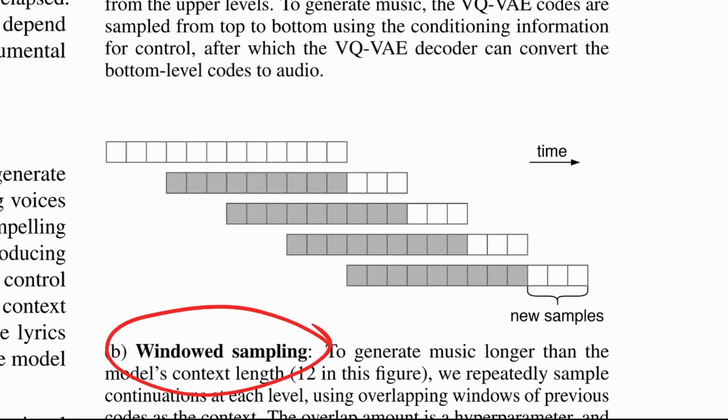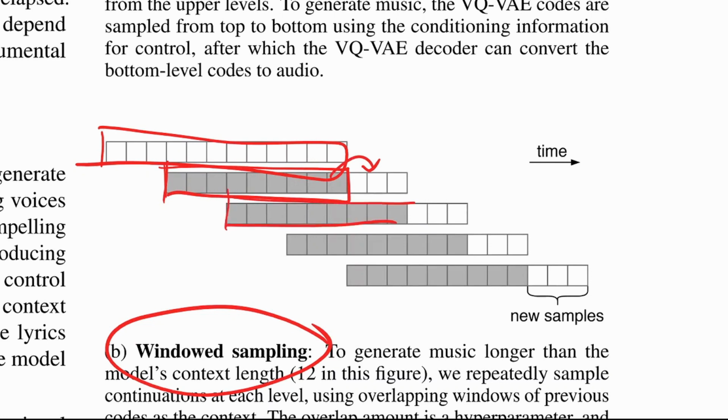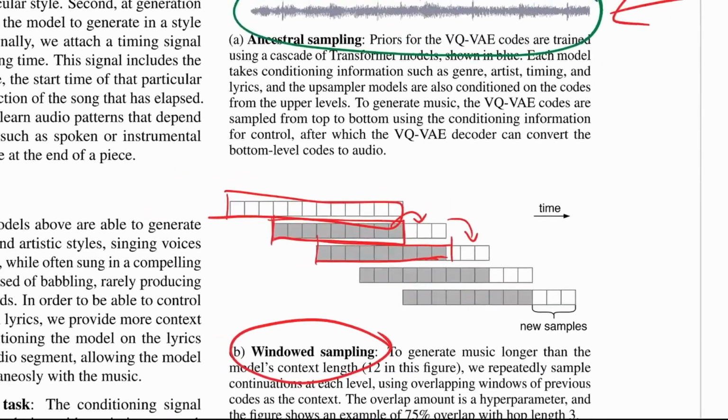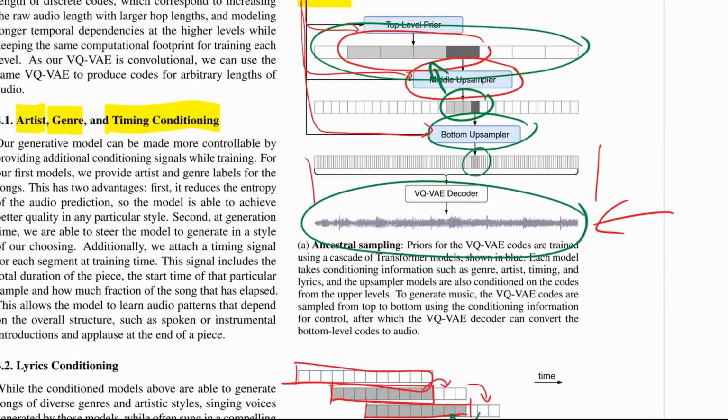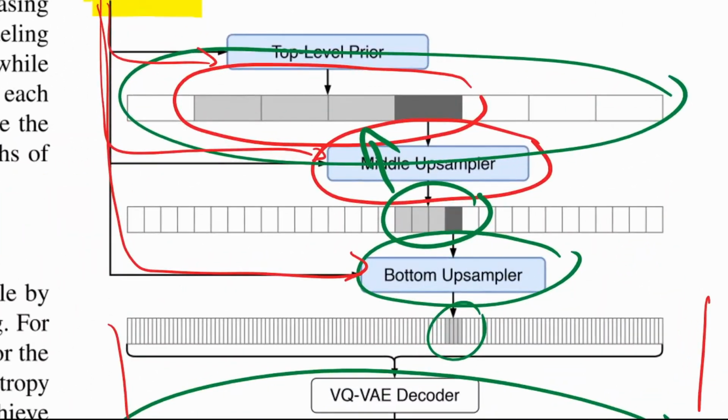So what you do is this windowed sampling, where you sample something and then you condition on the first part, and then you just sample the next thing, and then you again condition on the first part, and then you just sample the next thing, the next few ones. And that guarantees that each of the sampling steps is conditioned on what comes before, as you see up here. So you would always condition on a part, produce the next part.